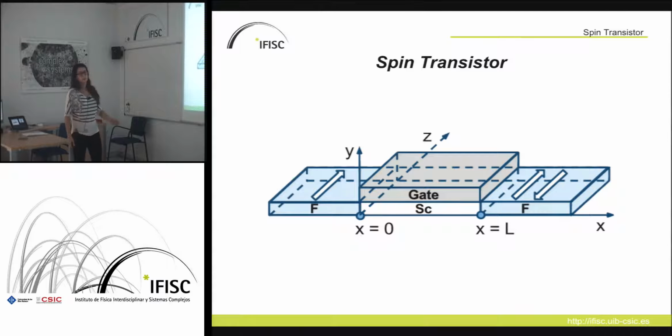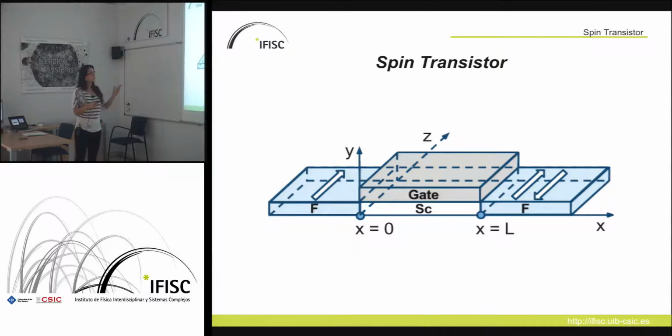A semiconductor heterostructure gives us the opportunity to generate this kind of spin-orbit interaction due to the inversion asymmetry. And interestingly, the strength of this interaction can be tuned with an external electric field. In this case, we have this gate to modulate the strength of the spin-orbit interaction in the central region.